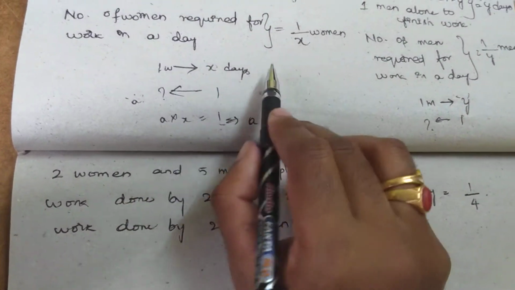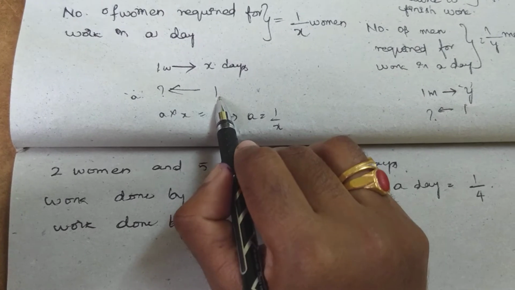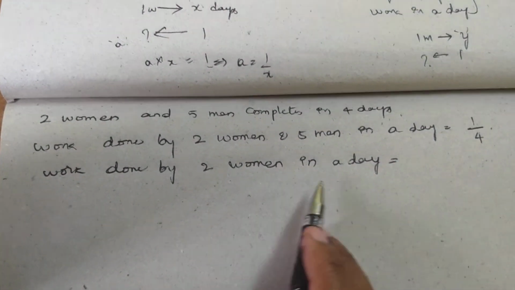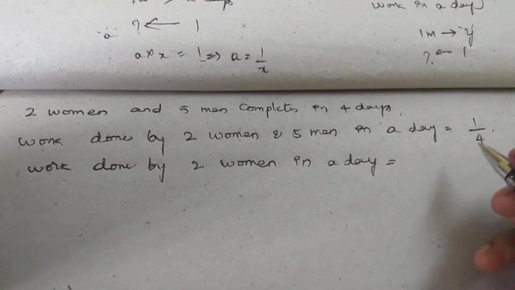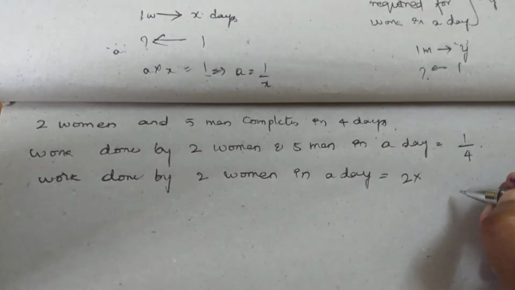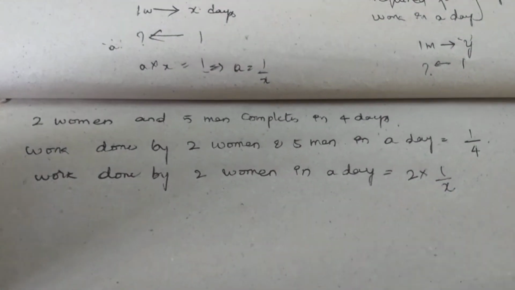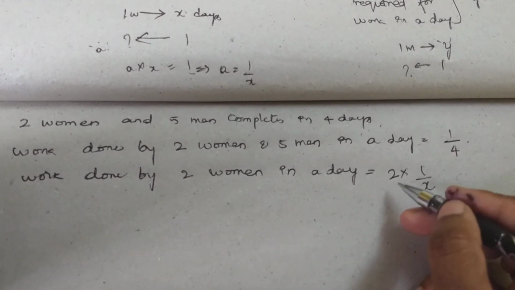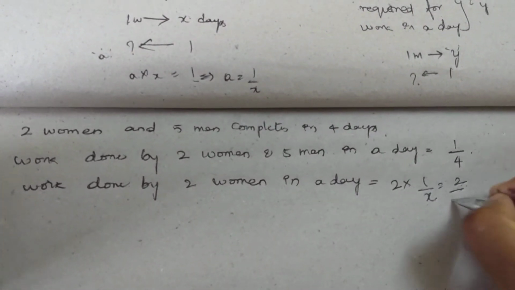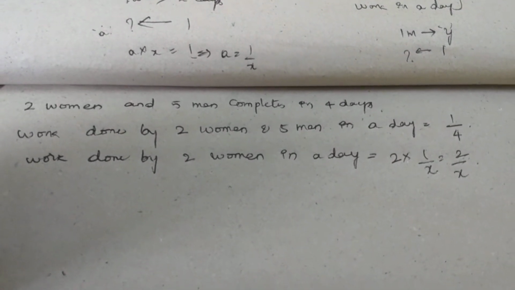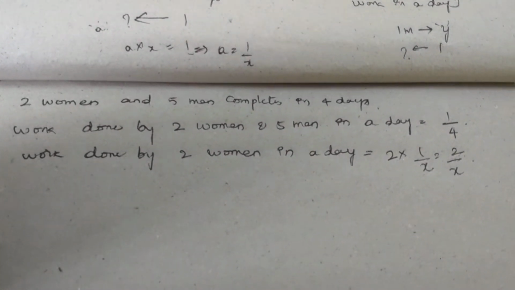For 1 woman it takes X days. For 1 day it takes 1 by X women. So work done by 2 women in a day will be 2 into 1 by X, that is 2 by X.